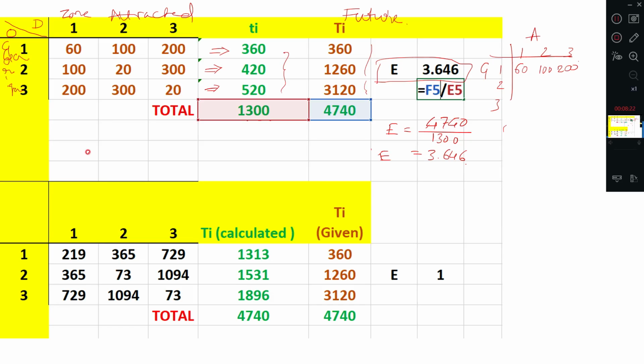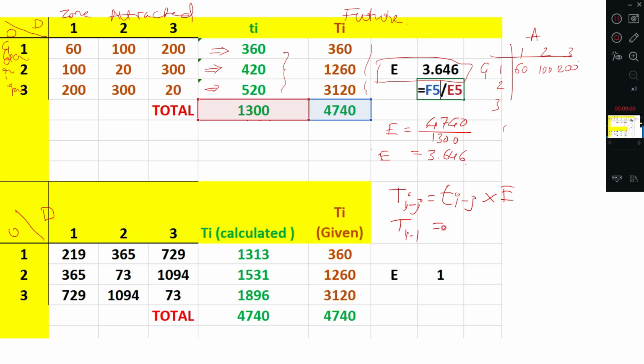So how will you multiply? Let's do T11. T11 is trips originated and destined between these two zones. How to calculate 219? The formula is capital T_ij is equal to small t_ij into constant factor E. Capital T11 I want.